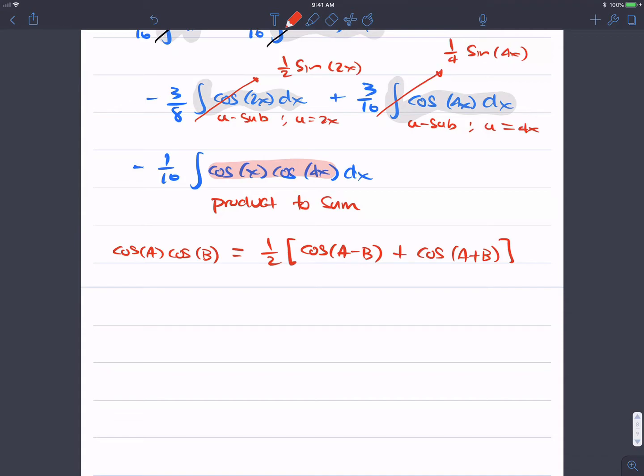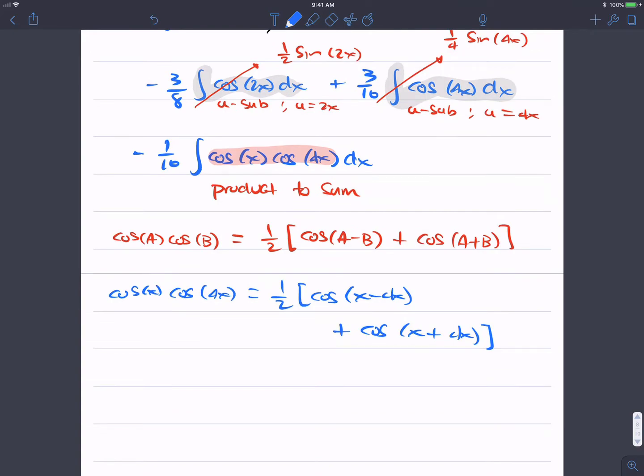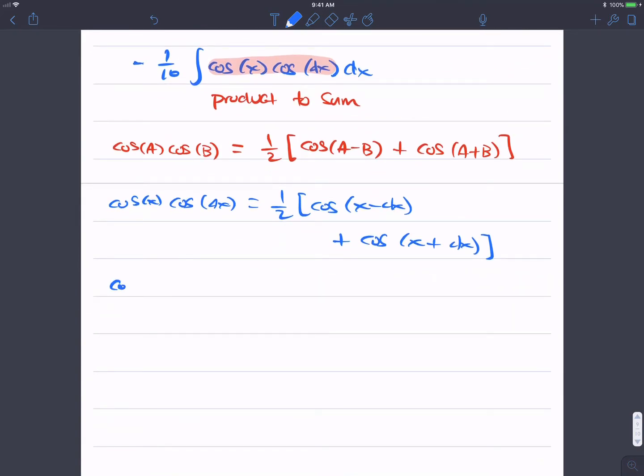What that means in our case is cosine x times cosine 4x becomes 1/2 cosine of x minus 4x plus cosine of x plus 4x. So now you have cosine x cosine 4x is 1/2 cosine of minus 3x plus cosine of 5x.